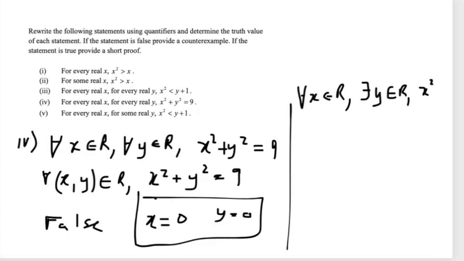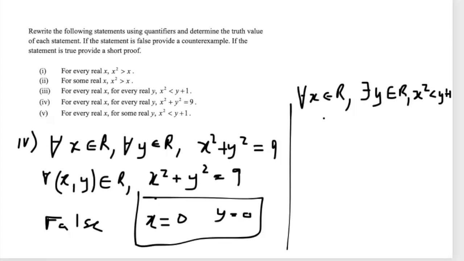Let me go ahead and rewrite this. So we have x squared is less than y plus 1. Now, is this true or false?